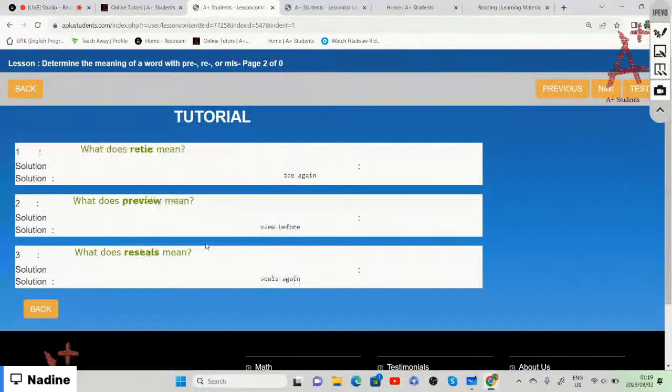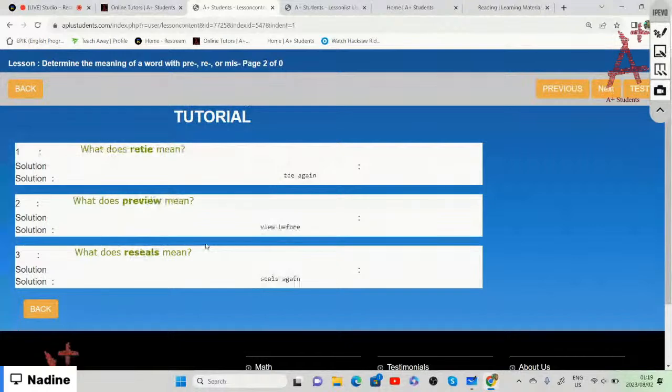Preview. So preview is where you view something before it is put in cinemas or on TV. So that is a preview. And then what does reseals mean?